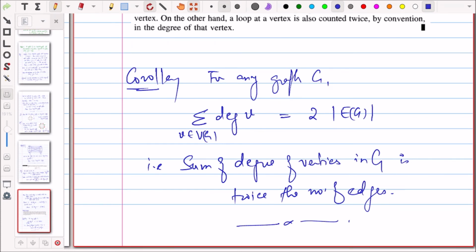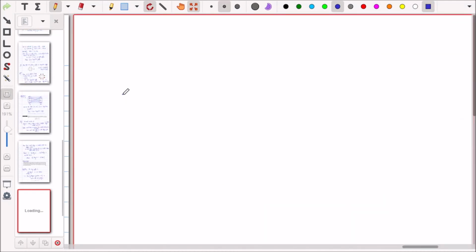Yes, sir. So अगर तुम्हें कोई ग्राफ दिया हुआ है कि ग्राफ हैज 8 vertices of degree 3 each, then how many edges are there in that graph? तो उसमें कैसे बताओगे?